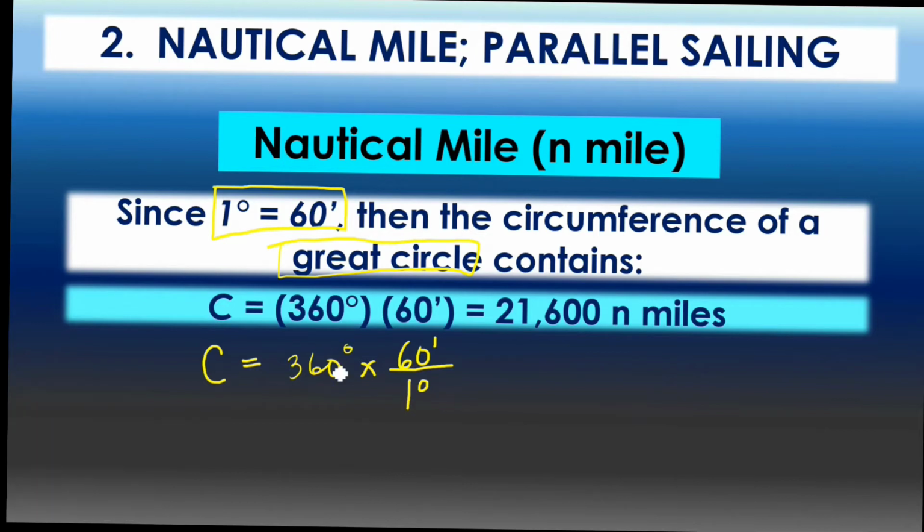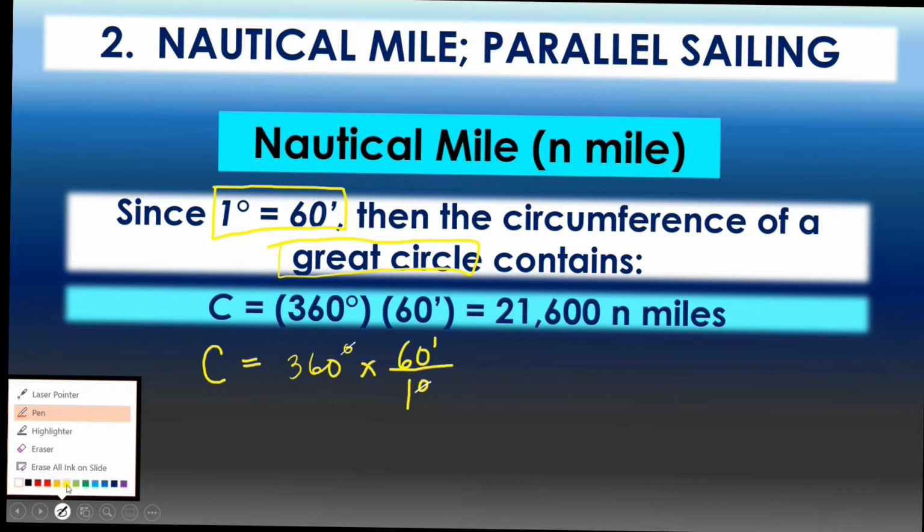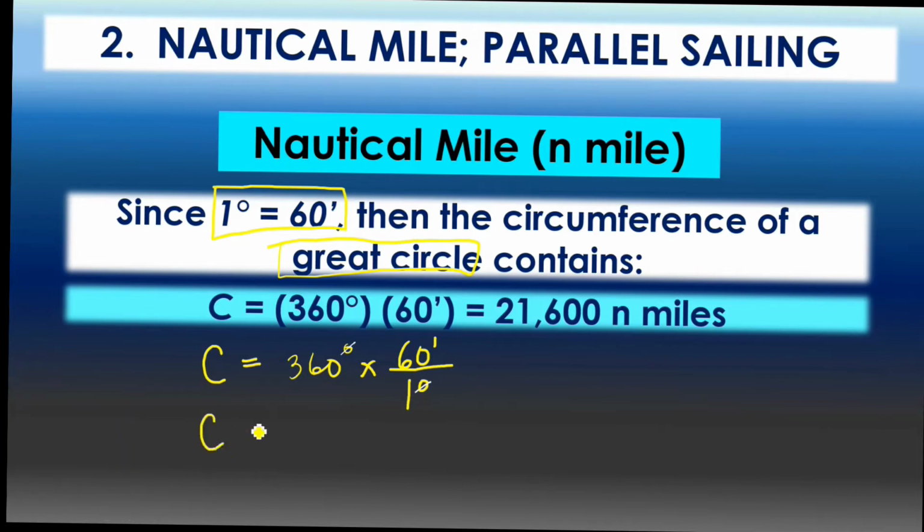Then multiplying, we can cancel the unit degree. Continuing, we have C, the circumference of the great circle, 360 times 60, so it is 21,600 minutes, because the remaining unit here is minute.